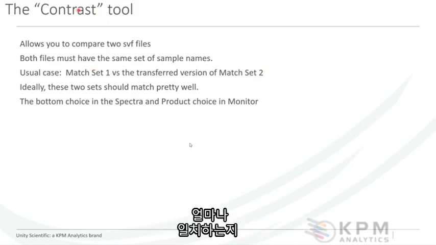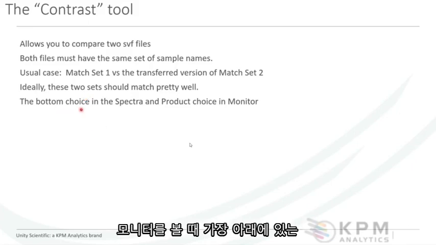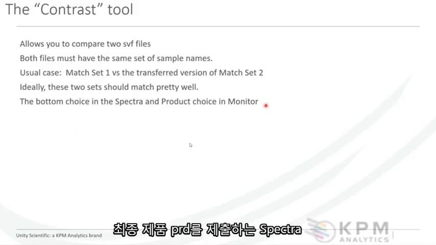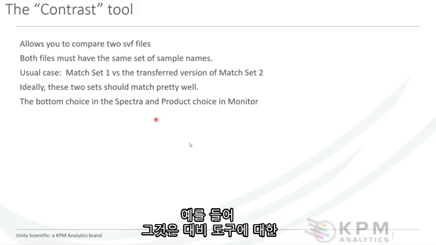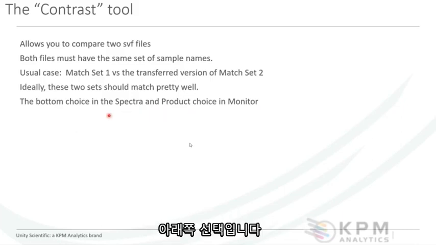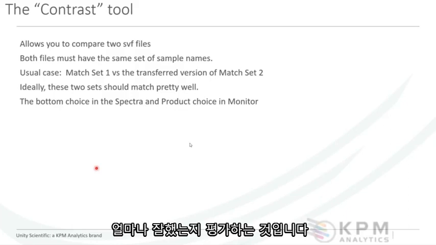And we can use the contrast tool to determine how close they match. So this is the bottom choice when you're looking at monitor. Up at the very top, it was Spectra file and product file, PRD, but towards the bottom, it's the contrast tool. So it's an evaluation to see how well you've done.